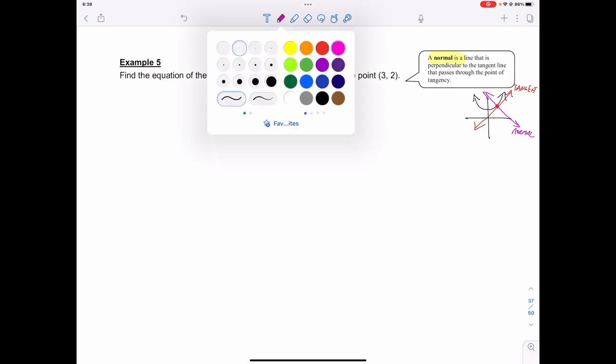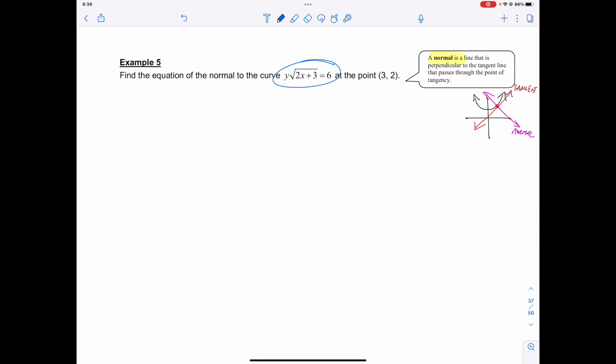So the first thing we're going to do is we're going to rearrange this. And we're going to say that if y times the square root of 2x plus 3 is equal to 6, then y is equal to 6 divided by the square root of 2x plus 3, or that's going to equal 6 times 2x plus 3 to the negative 1/2.